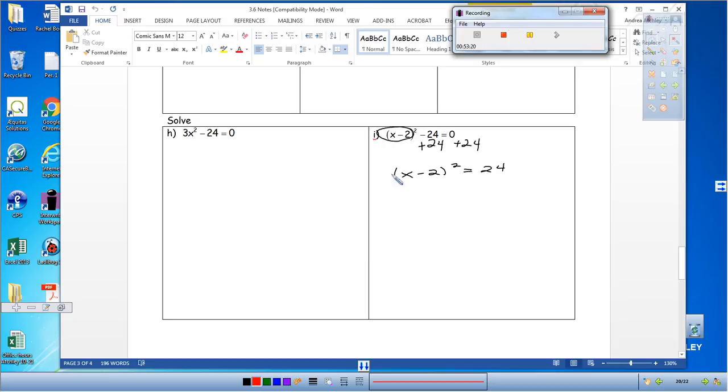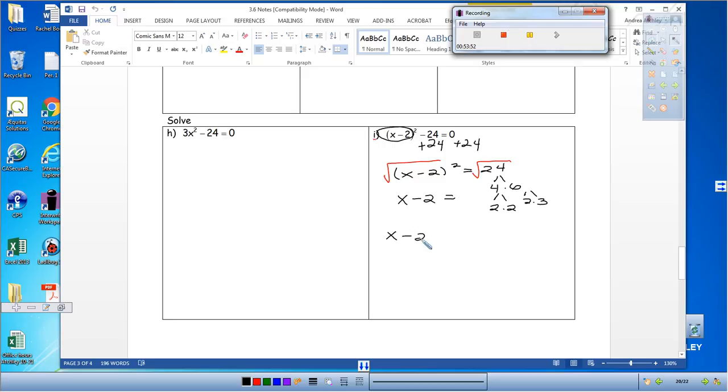Okay, again, it's by itself, so now we have to square root it. And then x minus 2 squared is just x minus 2, and we take the square root of it. The 24, we don't have a perfect square, so we have to factor it like we did at the beginning of the note. You have 2 radical 6? Very good.